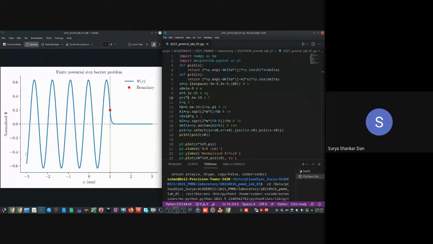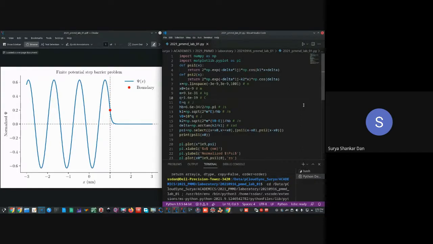So again it behaves the same way as the mass of the particle. If you are increasing the charge of the particle, or the mass of the particle, the effect remains the same. It simply decreases the wavelength. Okay, very good.